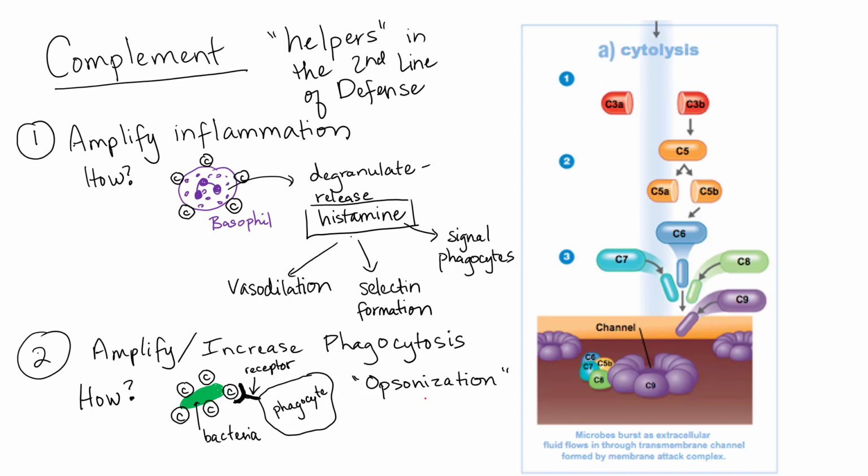I like to think of opsonization like candy coating. Think of it as though the bacteria is candy coated by complement. And so we want the phagocyte to eat the bacteria, but if you coat the bacteria in complement, that's like candy coating the bacteria for the phagocyte.